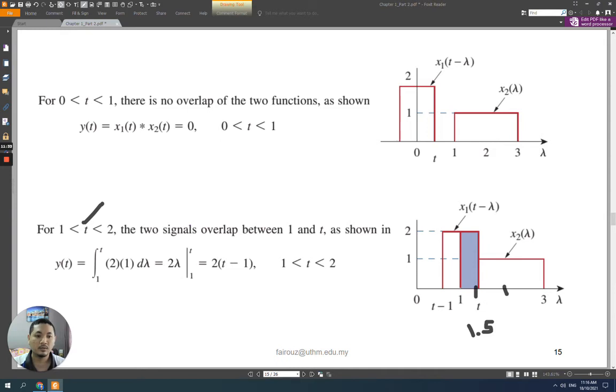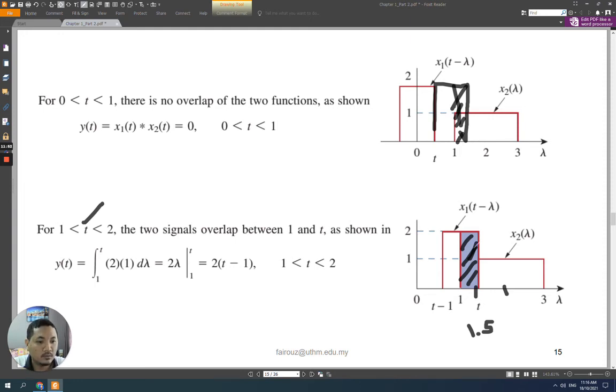You can see that now x1 has overlap with x2 in this region.